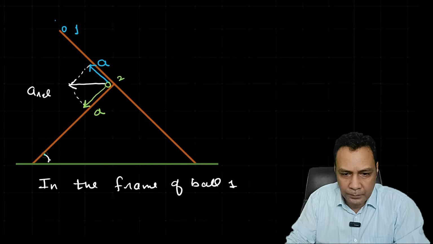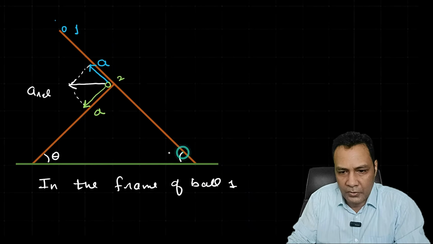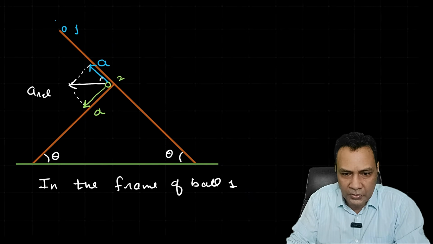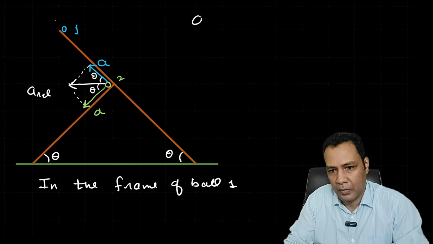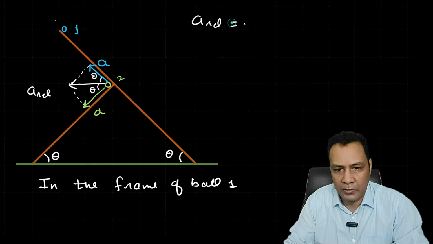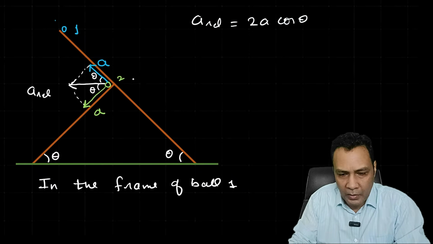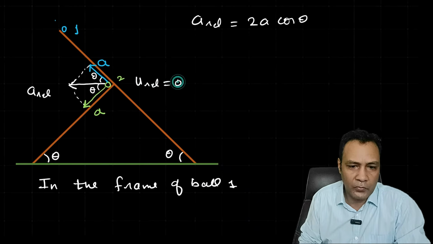and this is theta, this is theta. You can see clearly a relative is equal to 2a cos theta, and u relative was 0 because both were initially at rest.